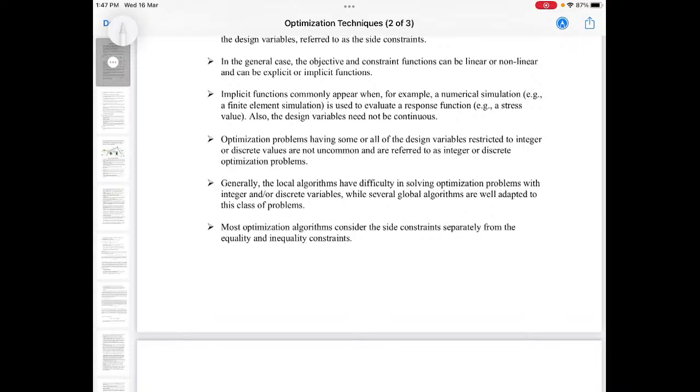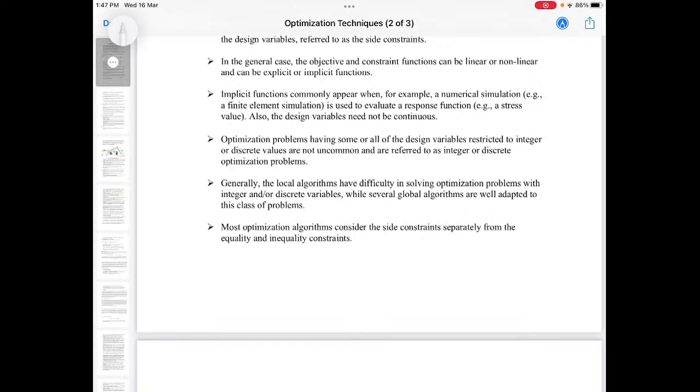Optimization problems having some or all of the design variables restricted to integer or discrete values are not uncommon and are referred to as integer or discrete optimization problems. There are several problems in which we come across discrete or continuous values.